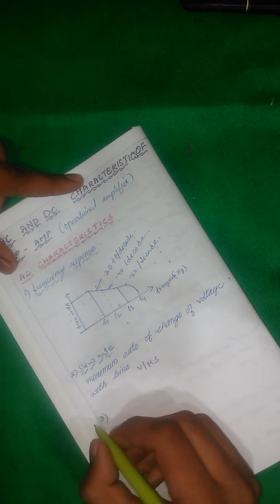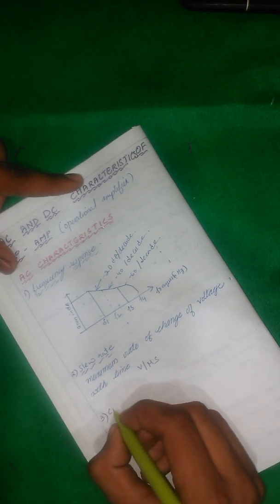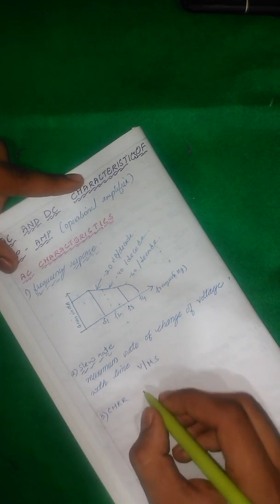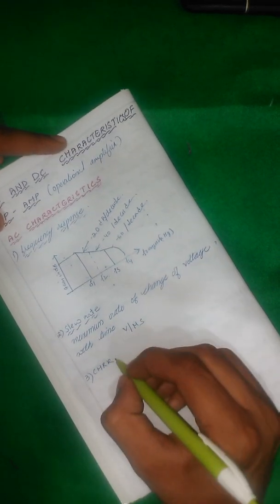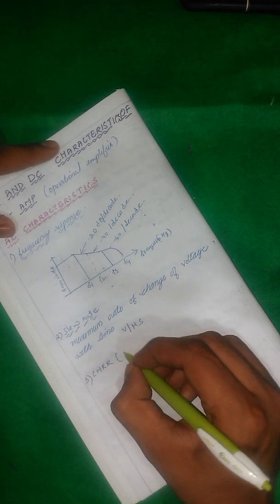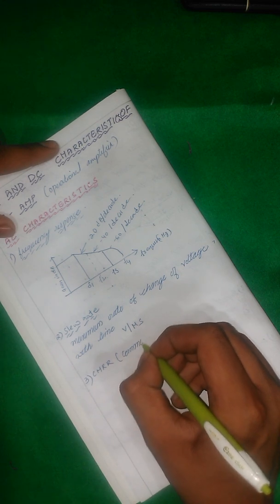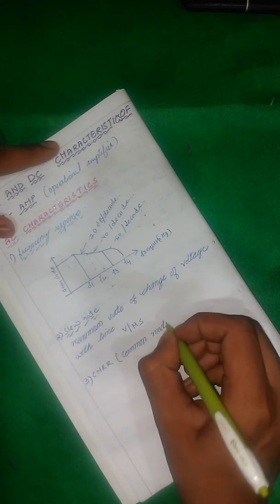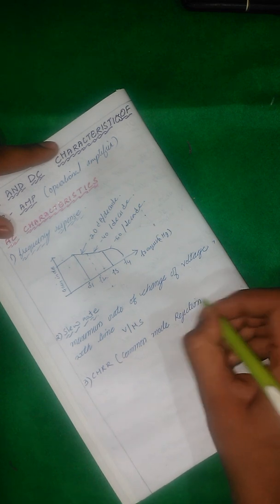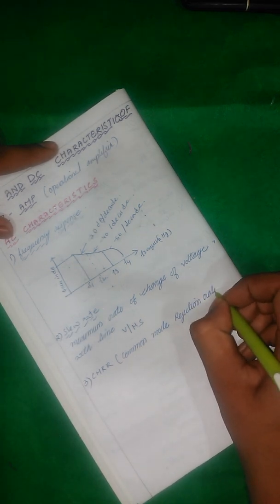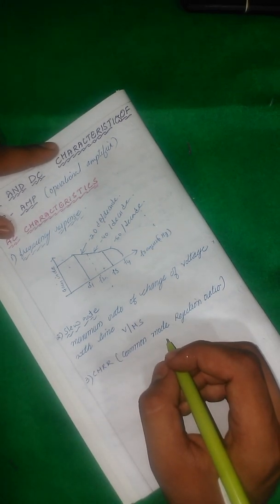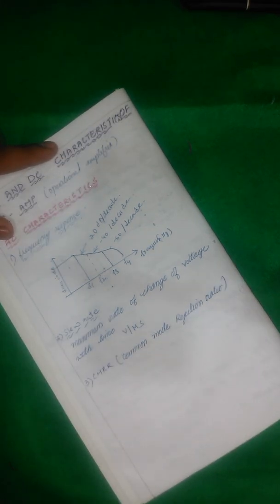Now the third one, as I have said, CMRR. What is the full form of CMRR? CMRR is nothing but common mode rejection ratio. You people will be wondering what a common mode rejection ratio is.